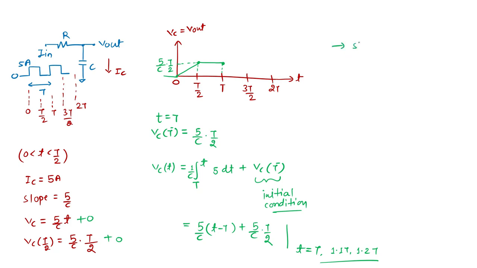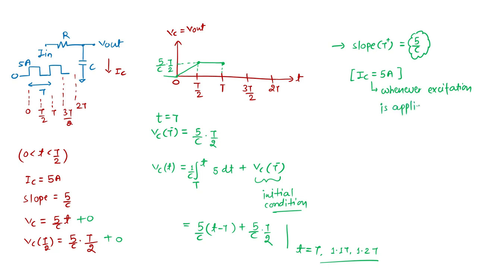The slope at t equal to 0 positive itself is 5 by C, because at any instant whenever the excitation is applied, the current IC is nothing but 5 ampere. When it is not applied, it is simply zero, meaning it is an open circuit.